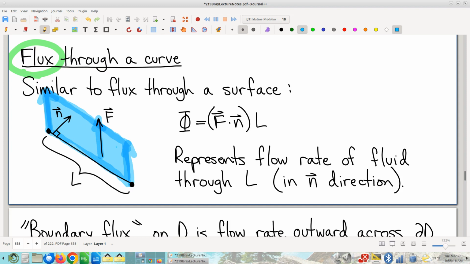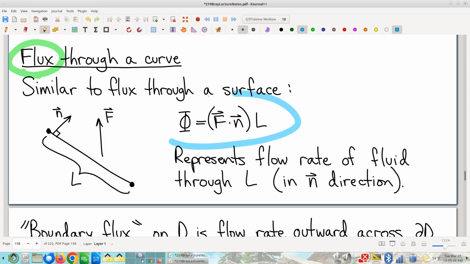Again, shamelessly copy, just cheat off of the calculation we did back in chapter 3, right? And what you're going to find is that the answer, hopefully no surprise, looks pretty similar. It's kind of the same sort of idea. Right? So we're going to care about not the vector field exactly, but the extent to which the vector field is pointing in that normal direction, right?